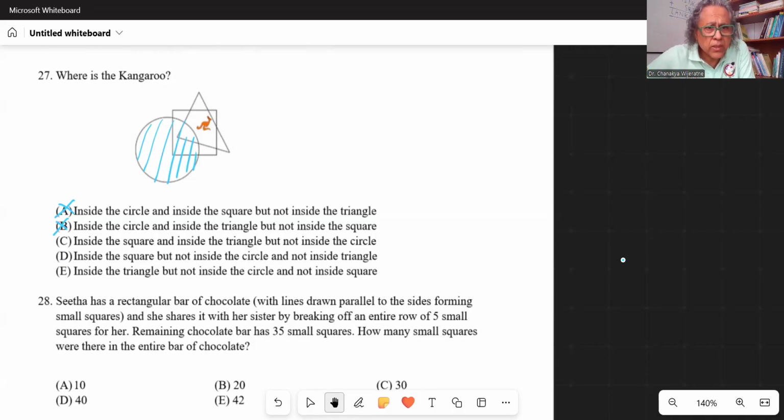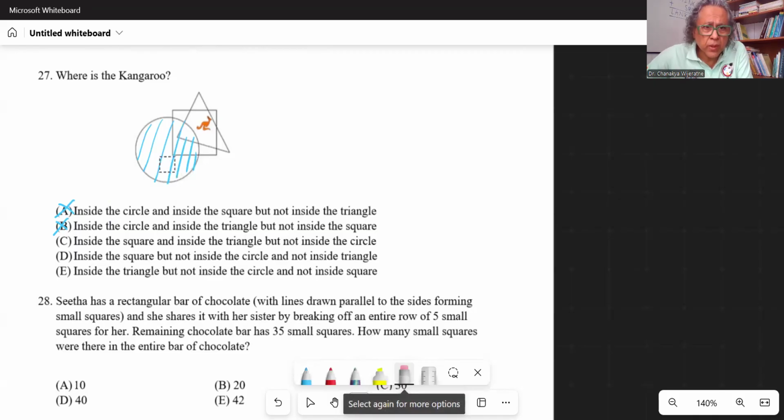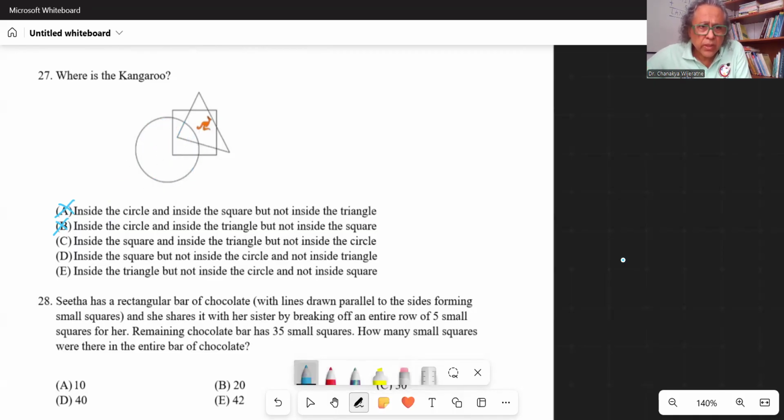Now let me erase this, and let's color the triangle. When you color the triangle, you can see that even the kangaroo gets colored. So that means the kangaroo is in the triangle. So let's check, inside the triangle.